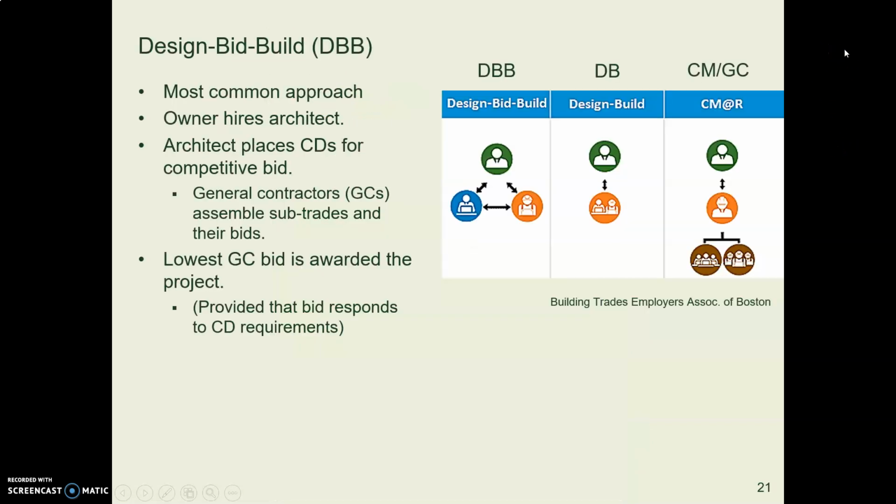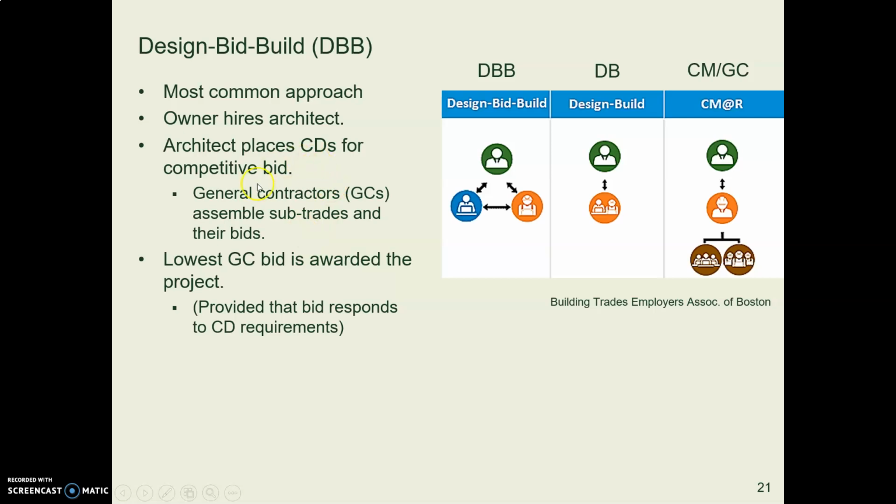Probably the most common is called design, bid, build, and this is the process we've been talking about so far today. The architect or other lead designer designs the project and puts together the construction documents and lets them out for bid.